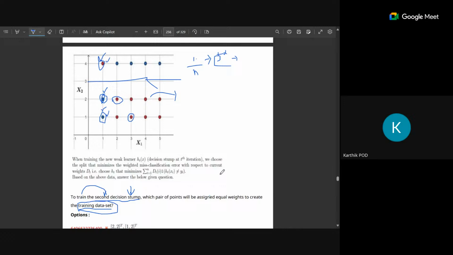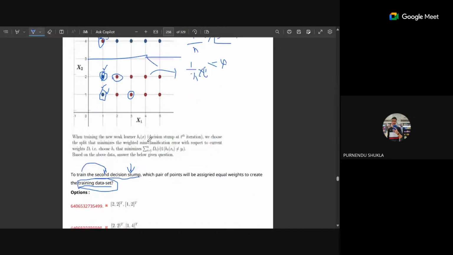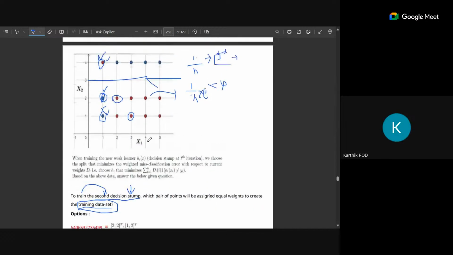Whatever number of points, you do 1 by that into e power alpha, divide by sigma, all that, right? But the question is correct only. So before you train the second stump, what are the pair of points which have the same weightage? So that's correct only, I think.